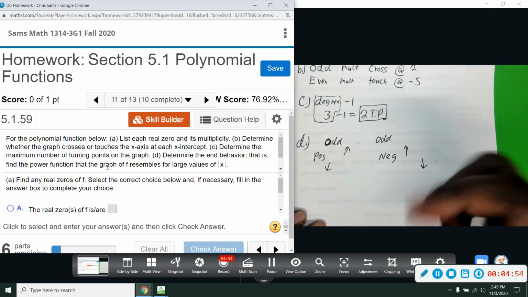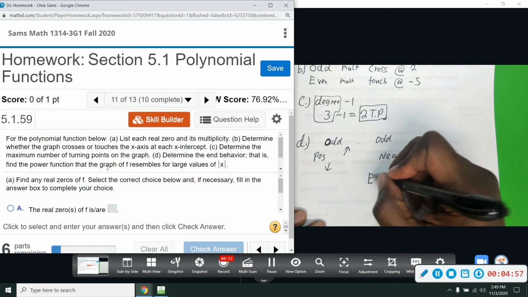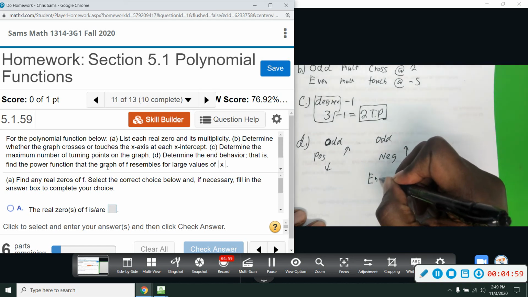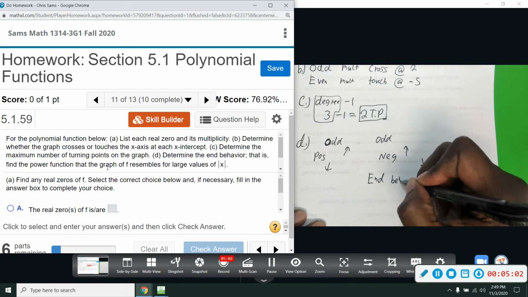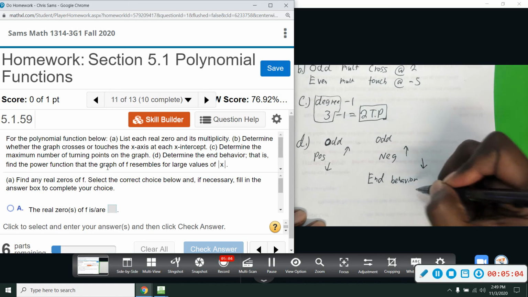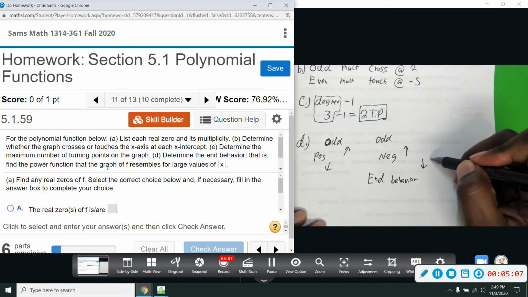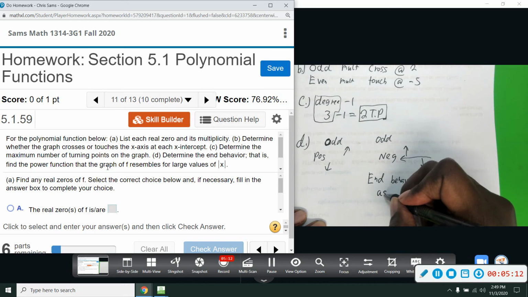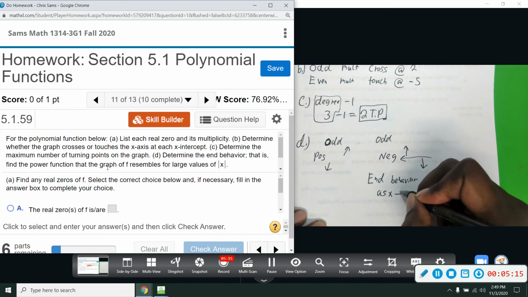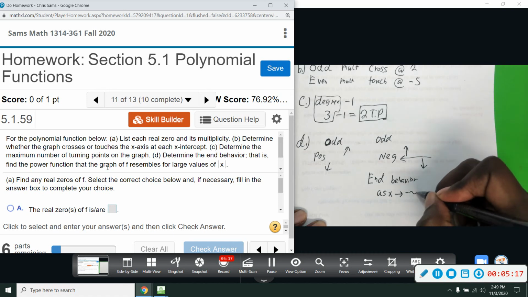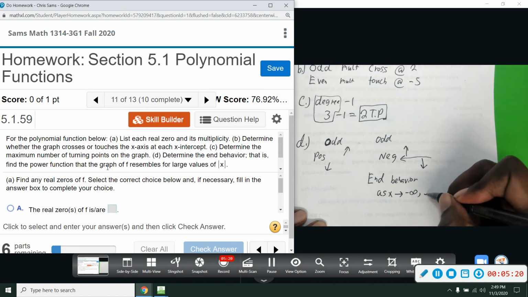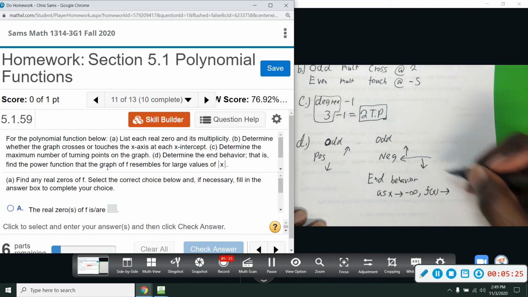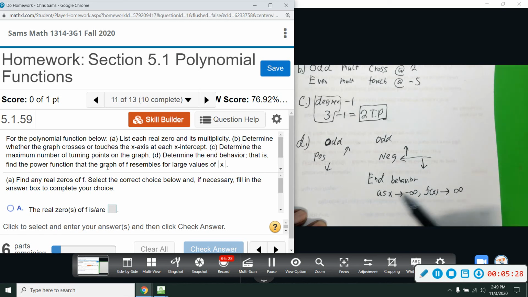And so this is how we write end behavior. As x goes to the left, so we'll say negative infinity, f of x, or y value, goes to positive infinity. It's going up.